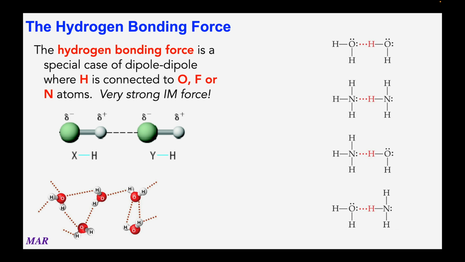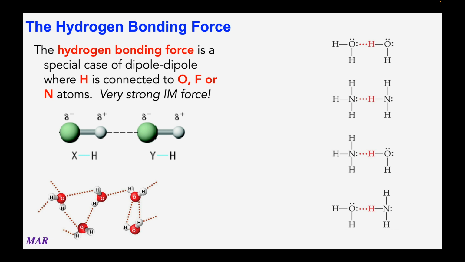So on the right-hand side there are some examples of hydrogen bonding. Water has an OH. That means that water experiences the hydrogen bonding force. It's polar, but it's not just polar, it's like superpolar. And superpolar in my world means the hydrogen bonding force, or H bonding. Ammonia is in the second example there, NH3, and ammonia also has NH bonds, so it has hydrogen bonding.